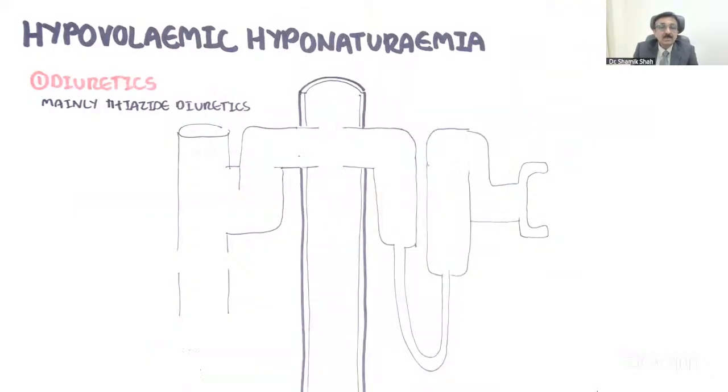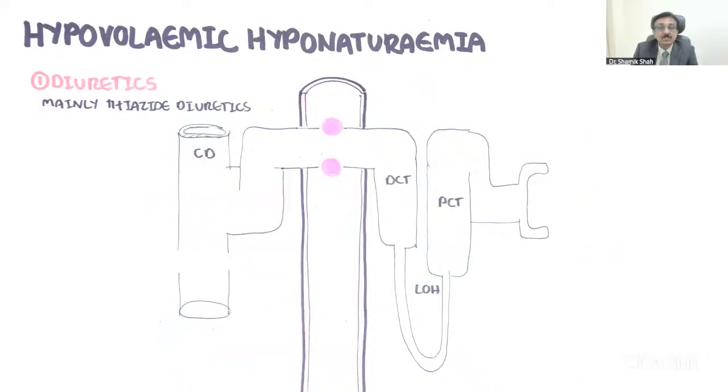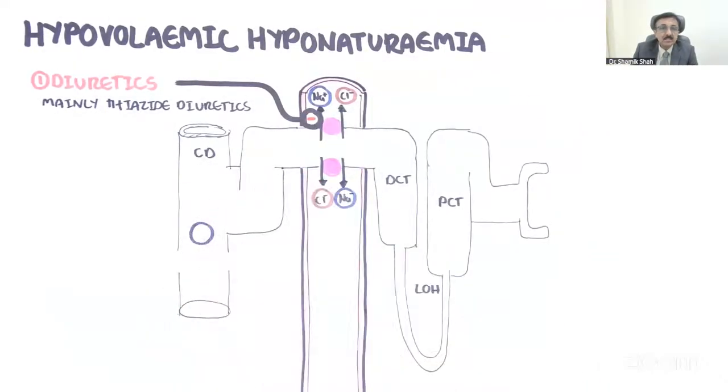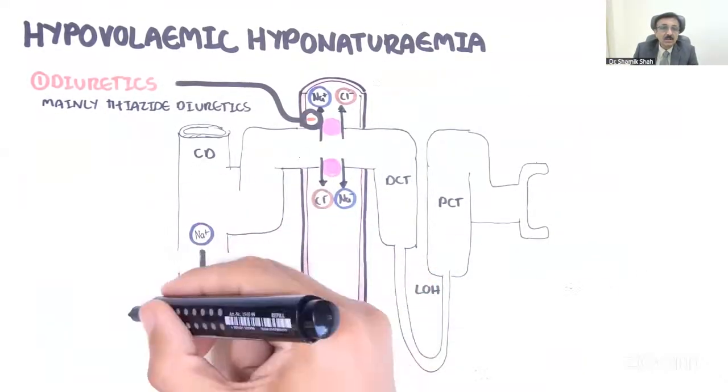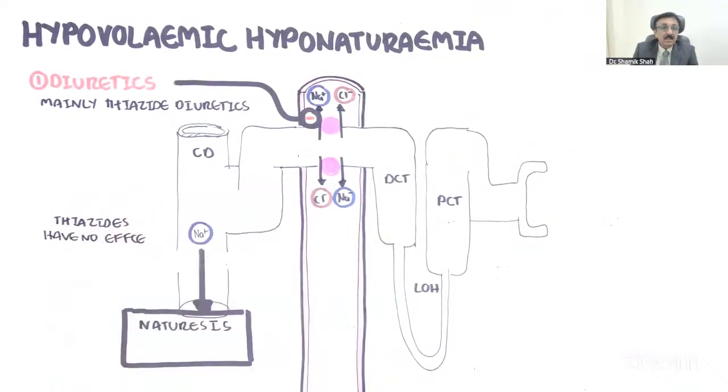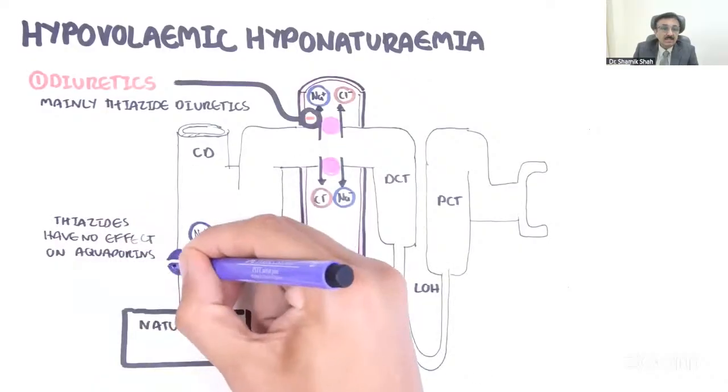We know that the main mechanism of action of the thiazide diuretics is in the distal convoluted tubule. In the distal convoluted tubule, these thiazide diuretics prevent the reabsorption of sodium and chloride. So when sodium and chloride are not being reabsorbed, there will obviously be more sodium available in the collecting duct, and therefore we will have natriuresis.